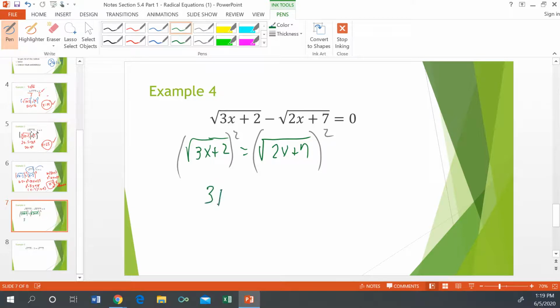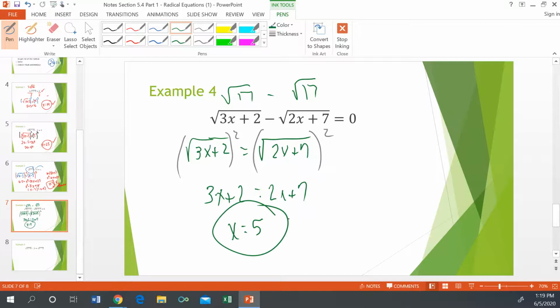This is a pretty simple, straightforward one. So x equals 5. 15 plus 2 is 17. 10 plus 7 is 17. Root 17 minus root 17 is 0, so my answer works.